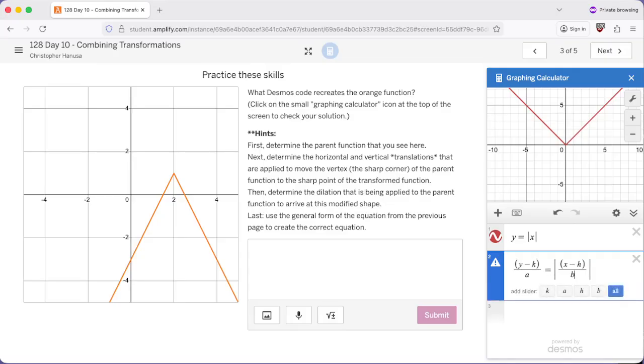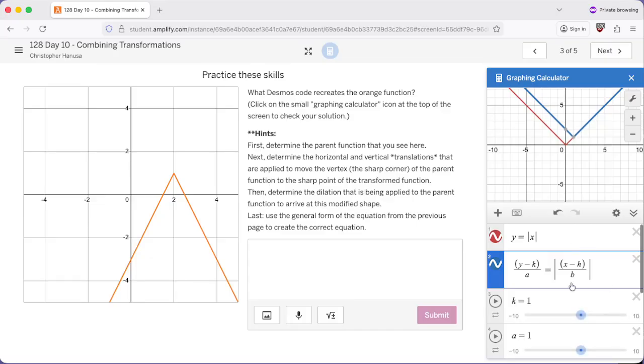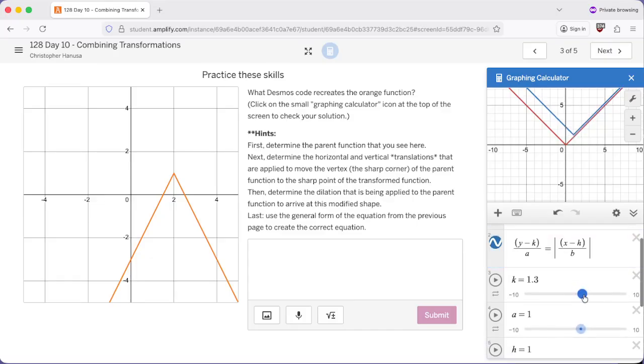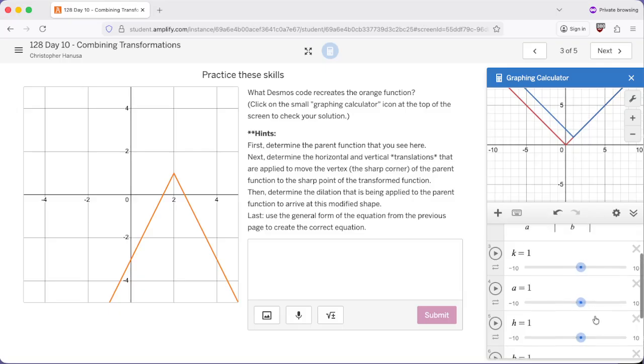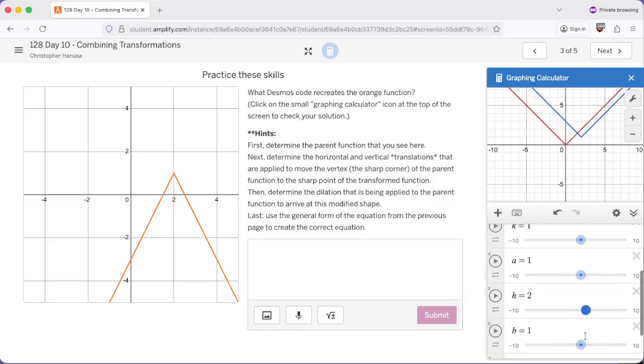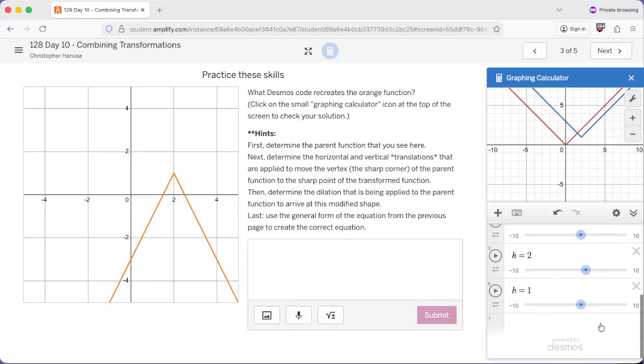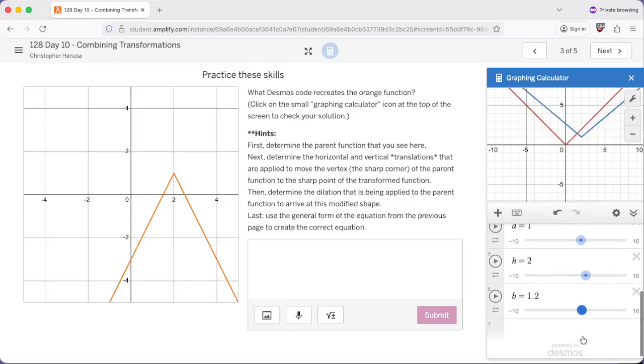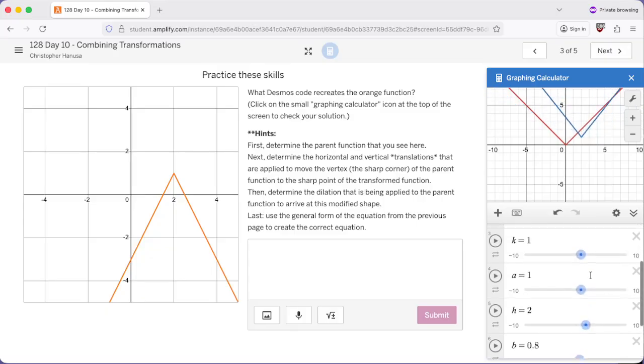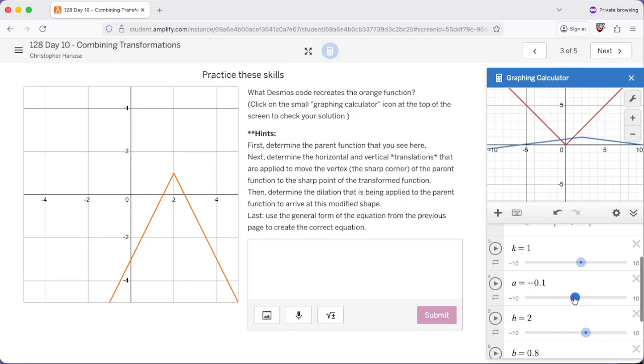divided by b. And we put in all these sliders, and I know I want k, so k needs to go up 1 unit, because we wanted 1 vertical step. h needs to go over 2 steps. The vertical thing was negative, so let's make this one, the vertical thing, that's the a, let's make that negative 1.